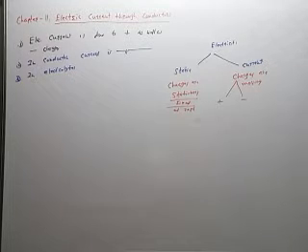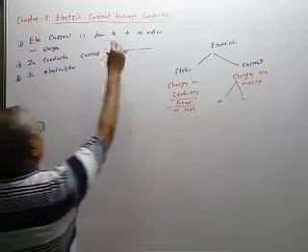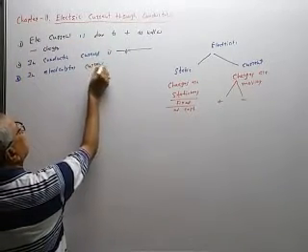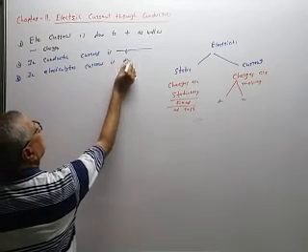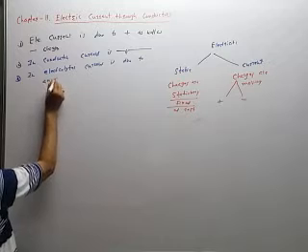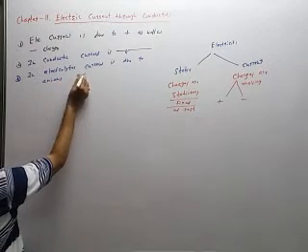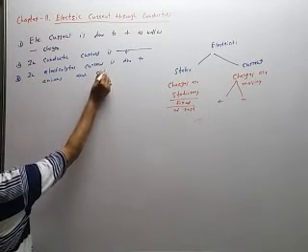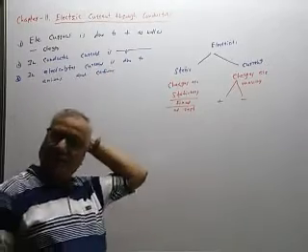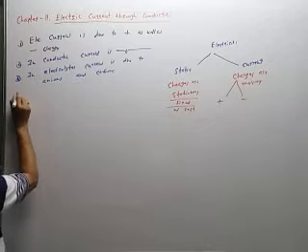Electrolytes are generally acids, H2SO4, HCl, etc. So in electrolytes, the current is again due to both anions and cations.